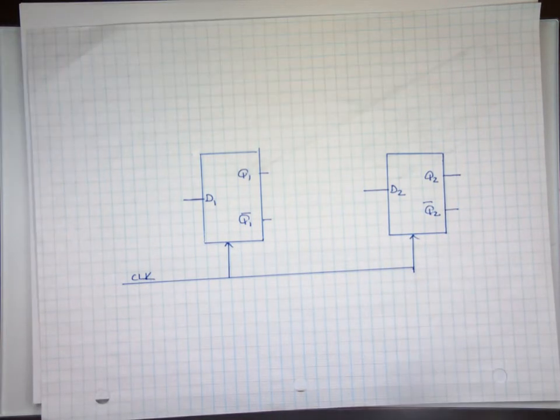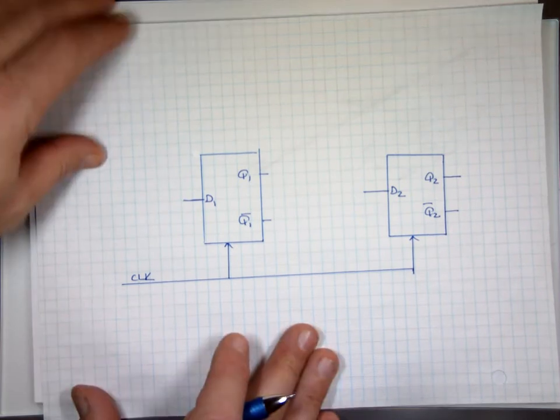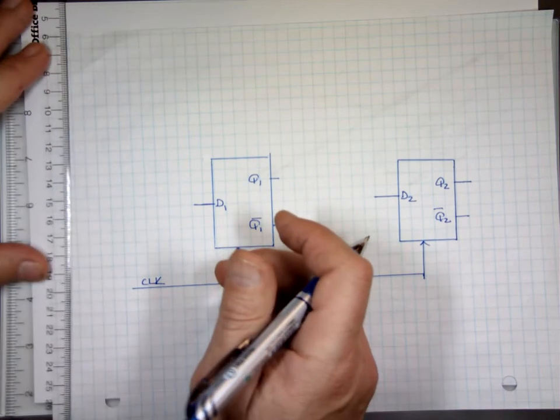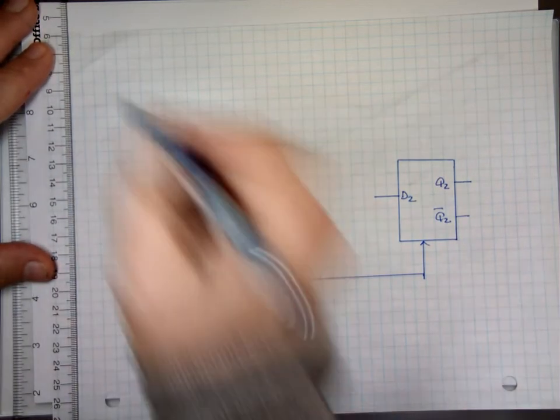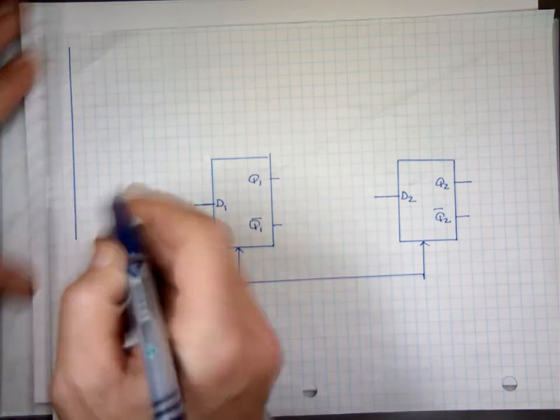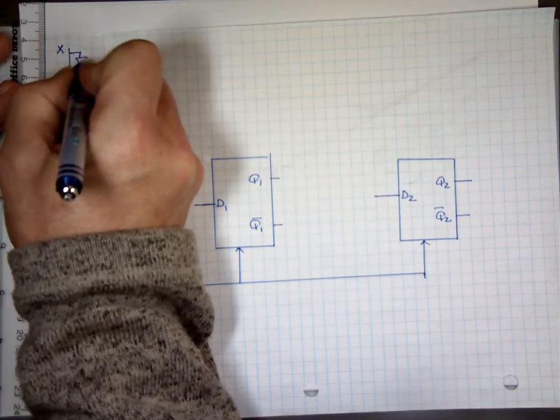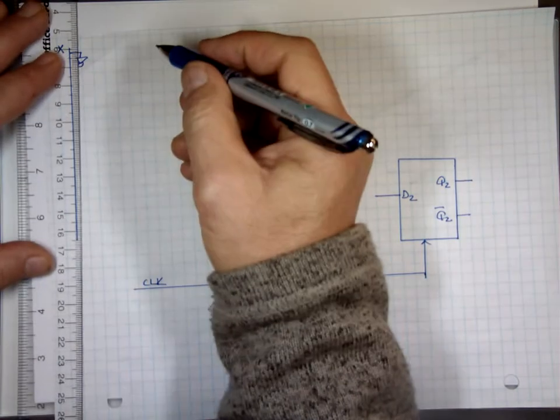And let's see. I have one input that's X. This is the complement of X, if I need it.